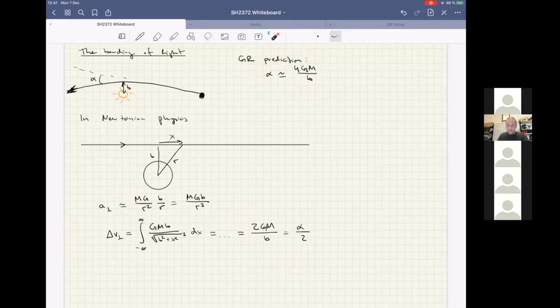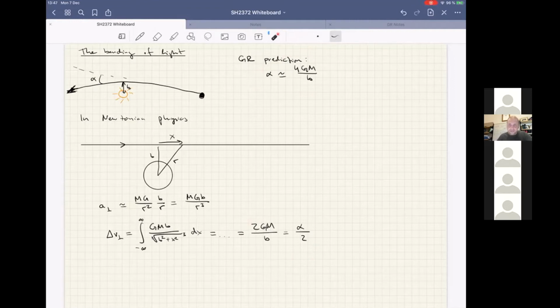And there was a lot of controversy, in particular regarding the precision that Eddington had in his experiments. But modern reanalysis of his data showed that he was probably right to draw the conclusion that general relativity was indeed the correct result.